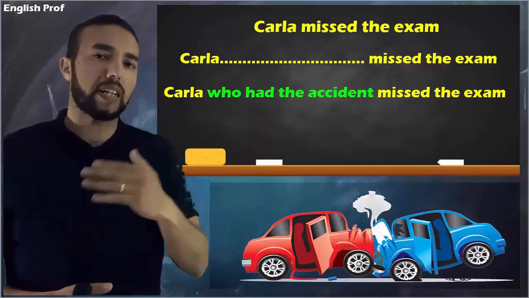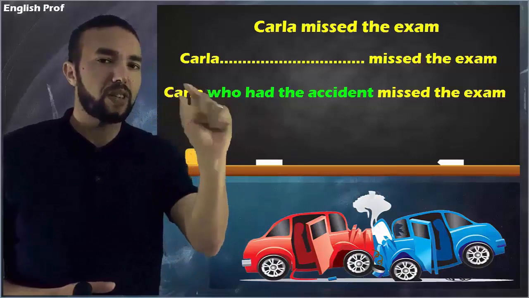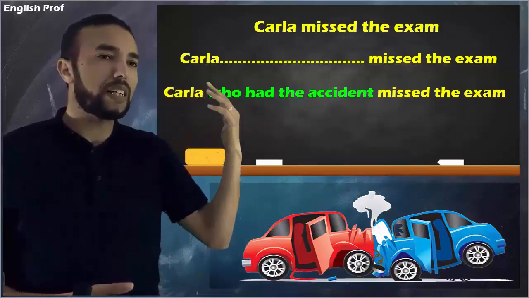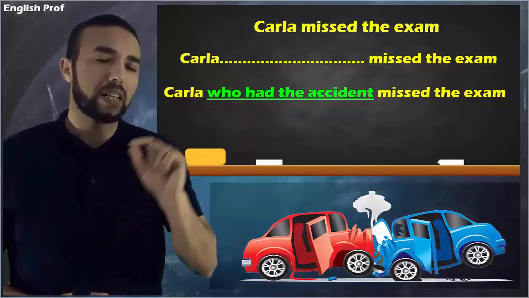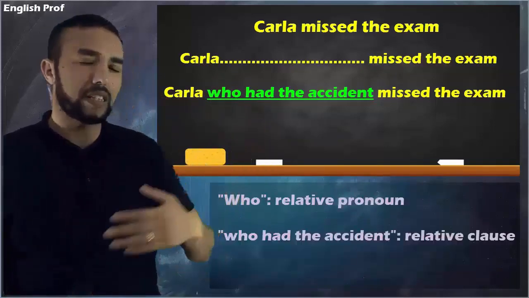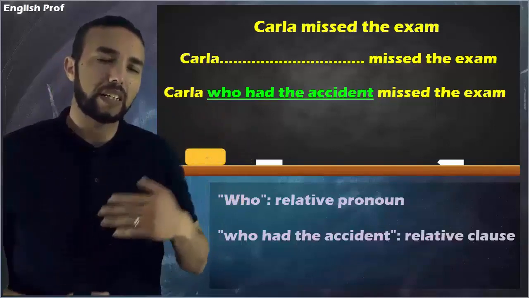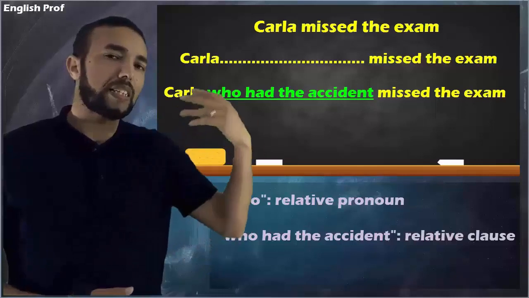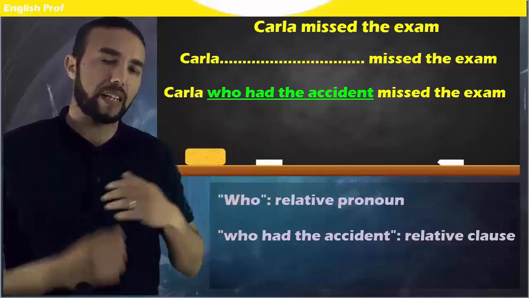It's not any Carla. Here we are talking about a specific person. So who is the relative pronoun, and who had the accident is a relative clause that gives us information about the noun Carla.